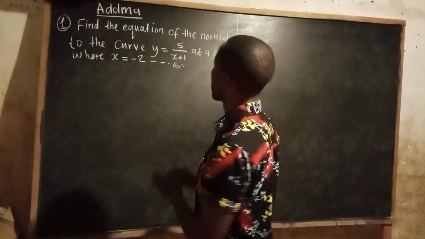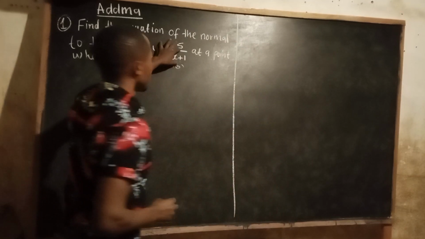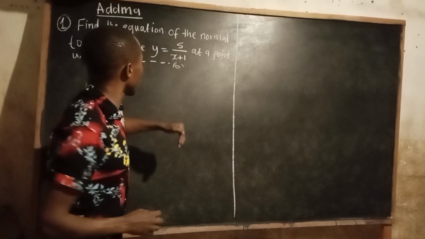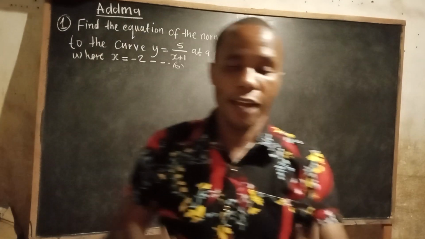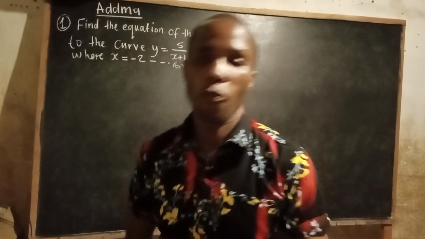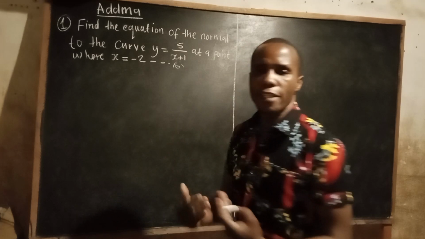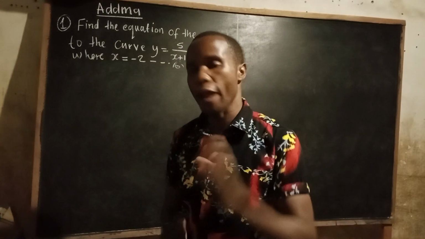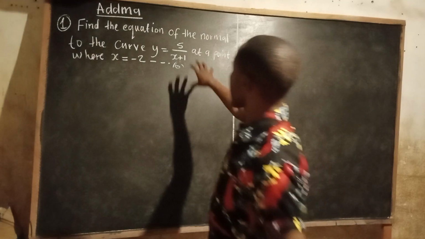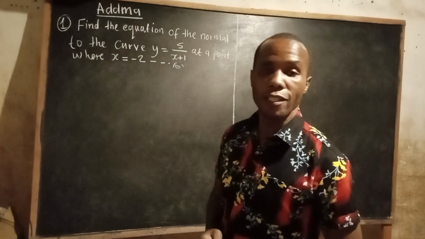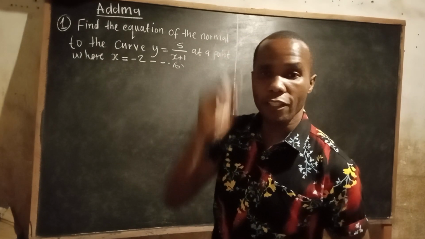So this is what we are going to do. How are we going to find the gradient of this one? Let us look at the curve that we have. Actually, this one is a rational function. When it is a rational function, there are certain rules that we can apply to find the gradient. For this one, we use what is known as the quotient rule.